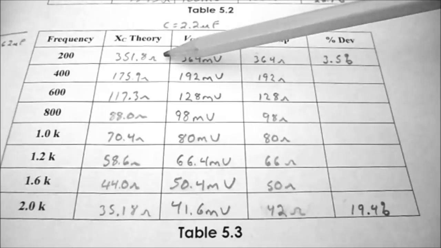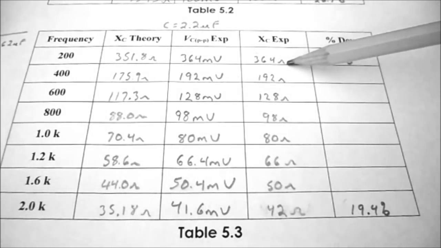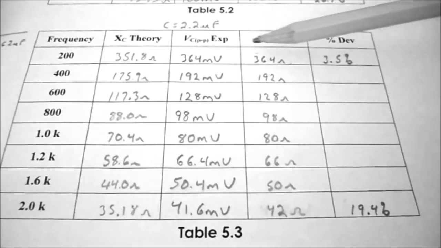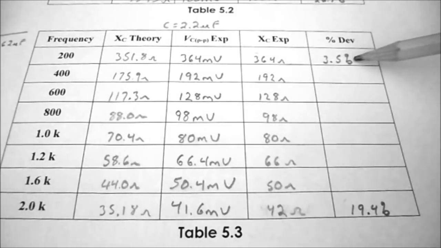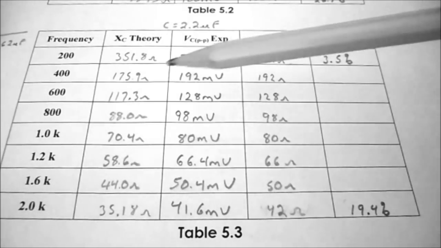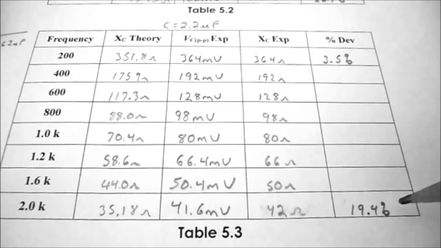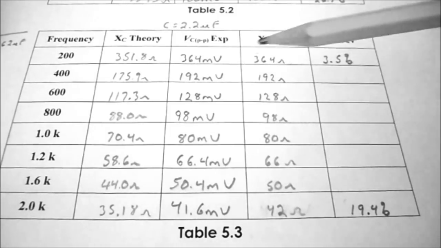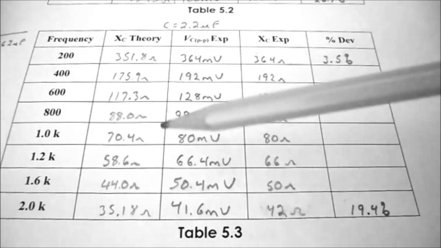I've calculated XC theory and XC experimental, and you can see we started somewhere around 350 to 360 ohms, generating a percent deviation of 3.5%. But as I increased my frequency, the percent deviation increased until it was 19.4%. But the trend was correct, so I'm not too worried about these results.